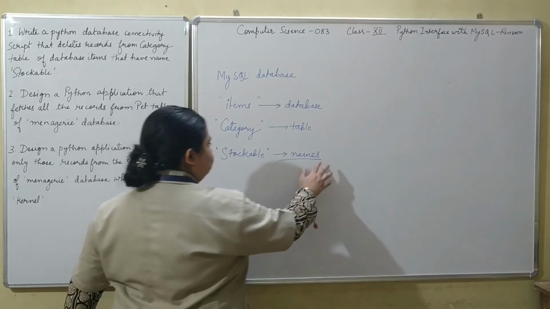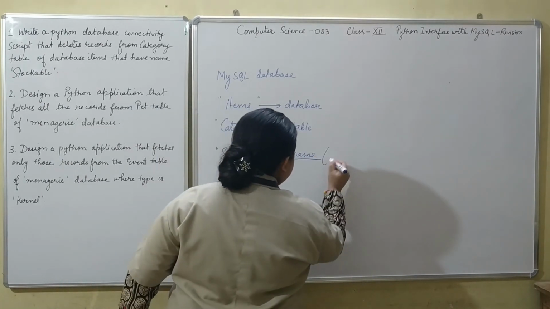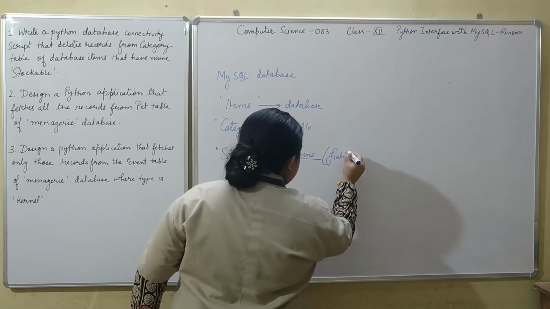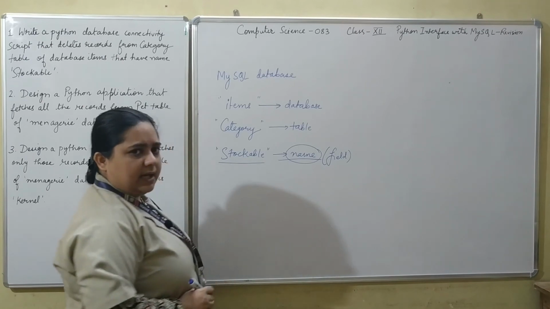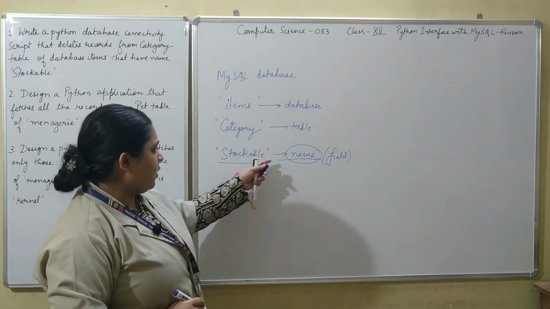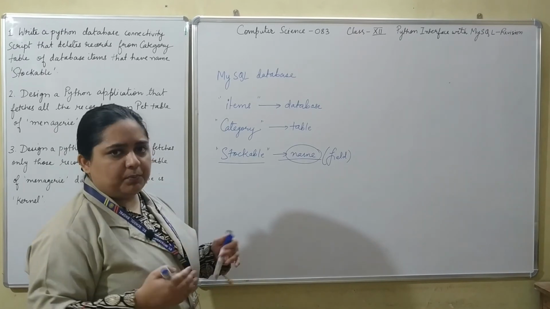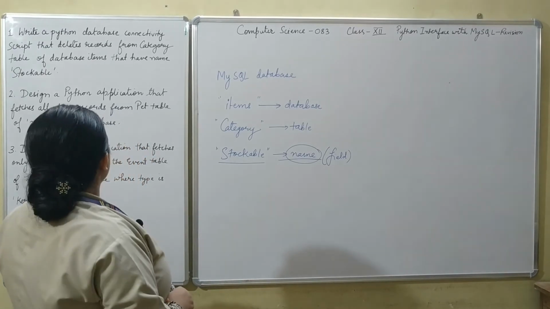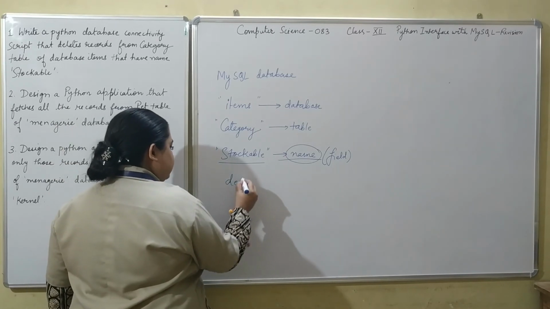That means you might have a specific field name which should have some values, and you have to look for all those records which have the value stockable. Not print, you need to delete those records.